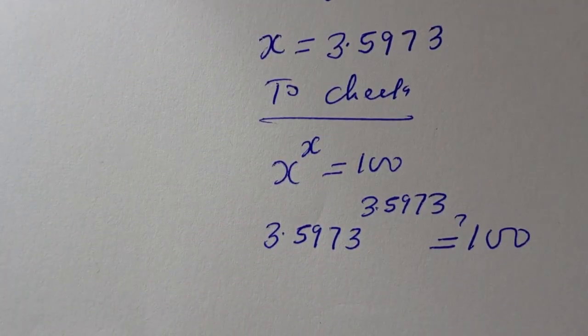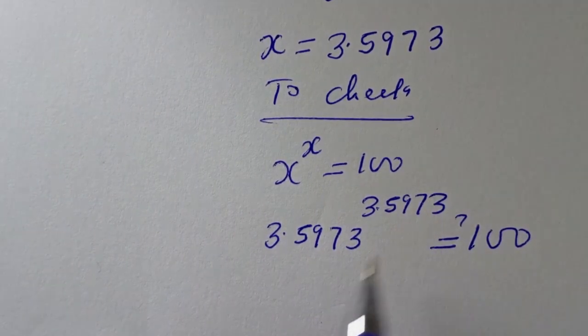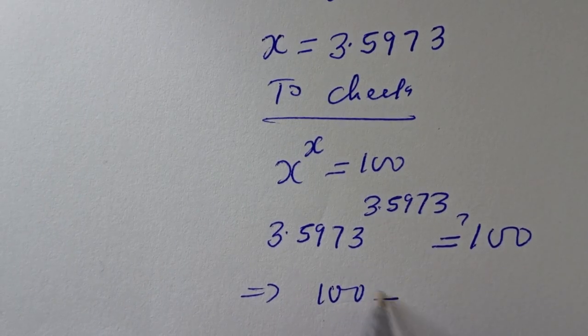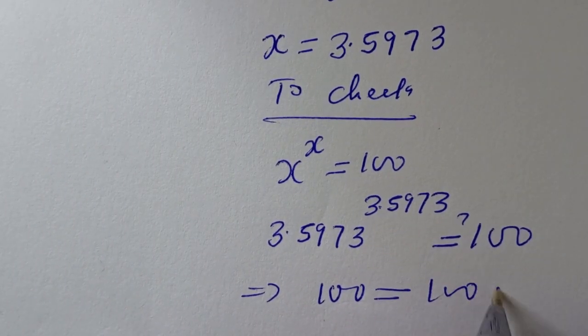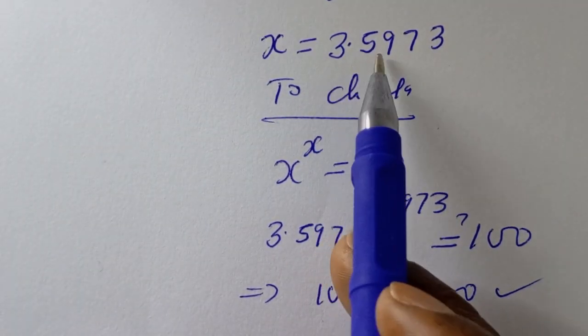Now, if you press your calculator very well, 3.5973 to the power of 3.5973 is 100, which satisfies the given equation at s is equal to 3.5973.